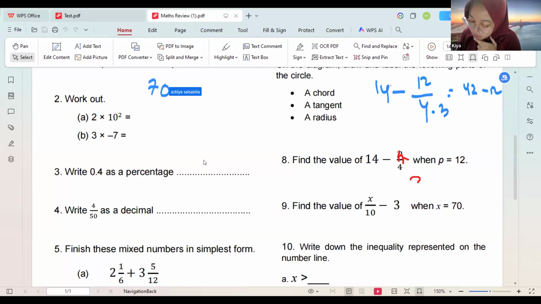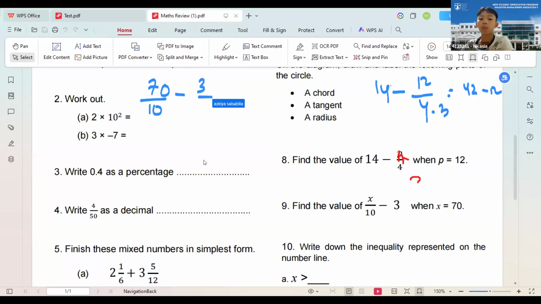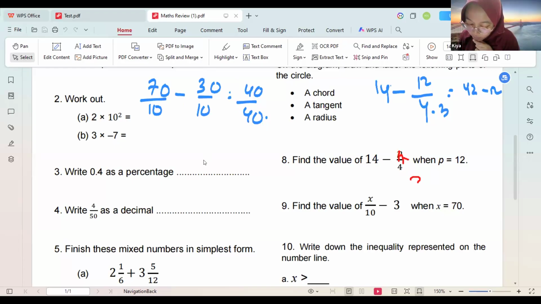70 per 10 minus 3. 10 times how many to become 70? 7. After that, 7 minus 3. Okay. 10 times how many to become 70?